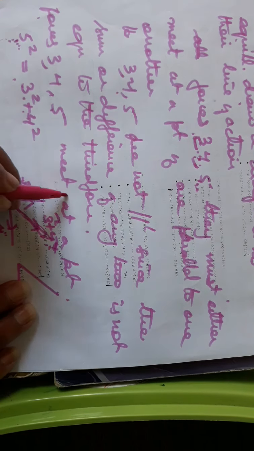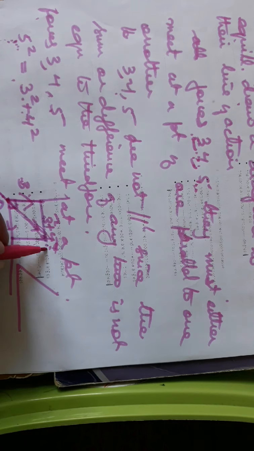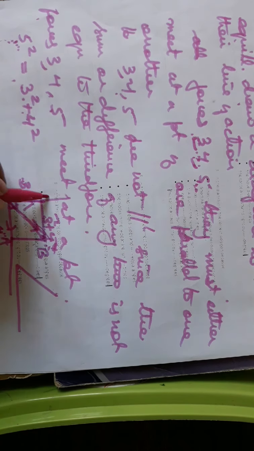So let O here be the meeting point of these two forces, and if you draw a right angle, this is the xy coordinate. These are the forces here. Name them as B, O, A, B, C. As you can see here, the forces 3 and 4 meet at a point, and the third force, that is force 5, is also meeting at this point.